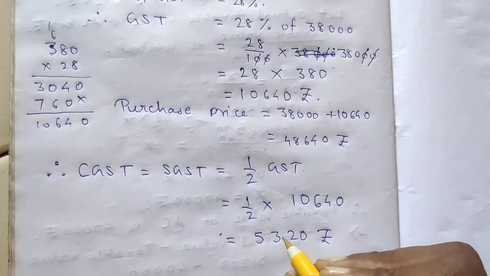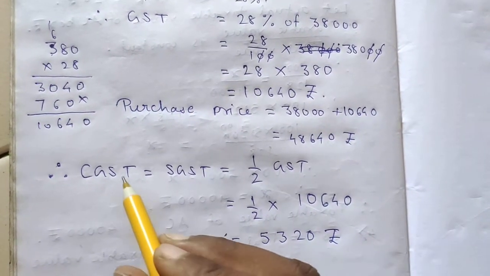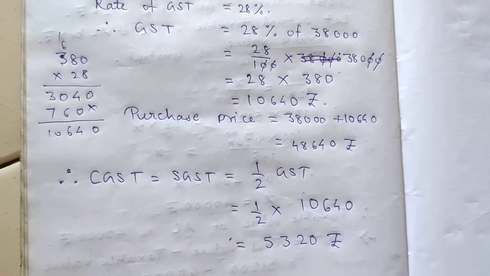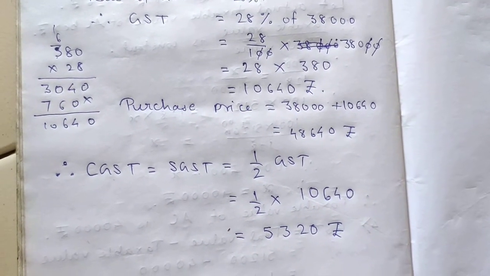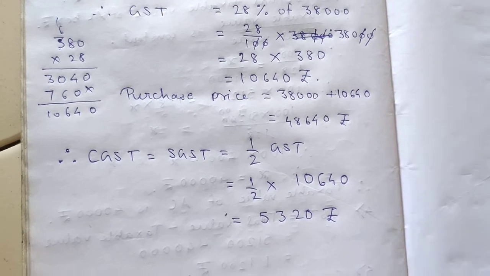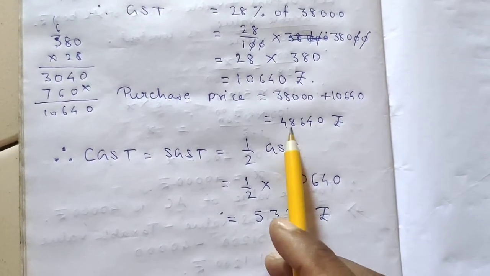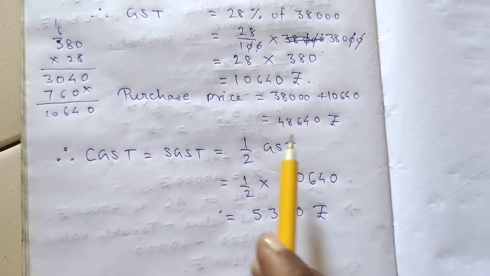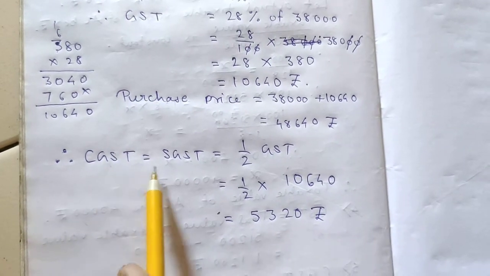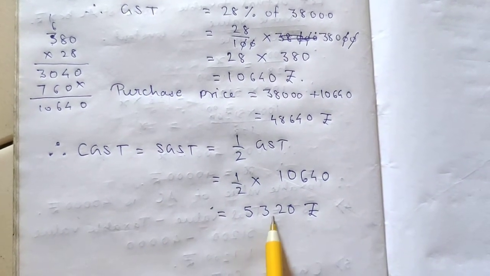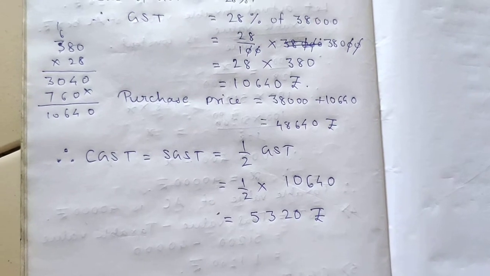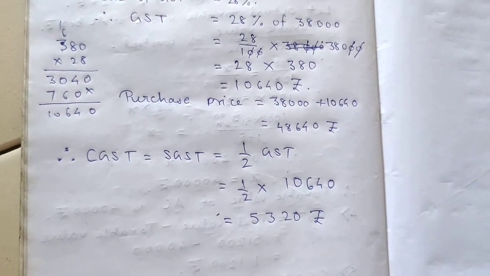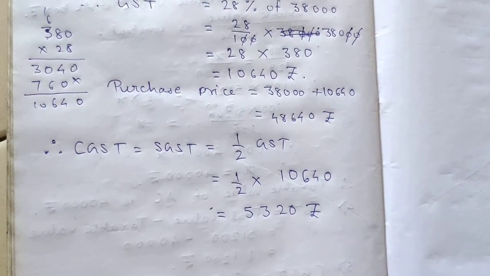So 5320 rupees is the CGST as well as SGST. Okay, so we have calculated purchase price, that is 48,640 rupees, and also CGST and SGST, that is 5320 rupees. So in this way we have done the last 3 questions of this exercise.